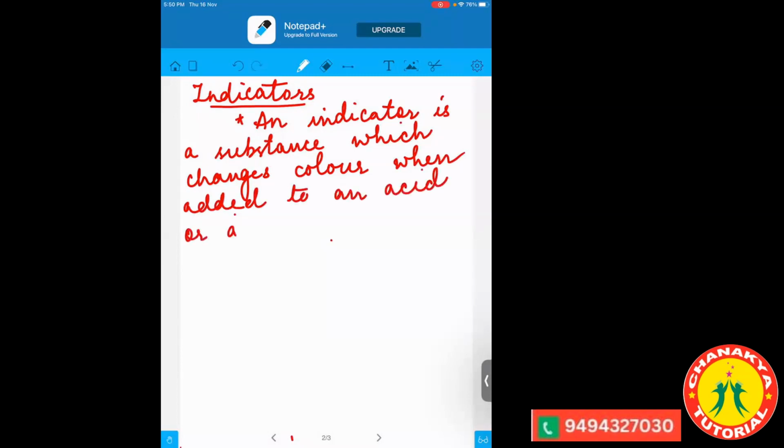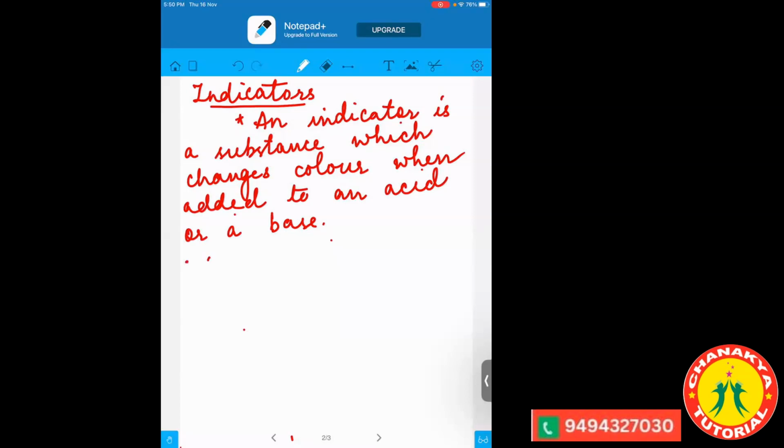So when we add the acid or the base to them, what happens? They change color, and because of that color, we will be able to identify whether it is acidic, basic, or neutral.